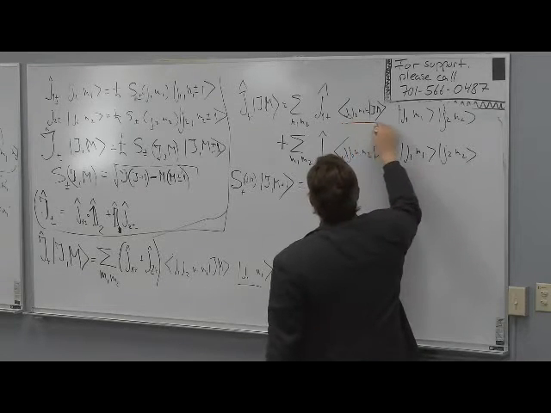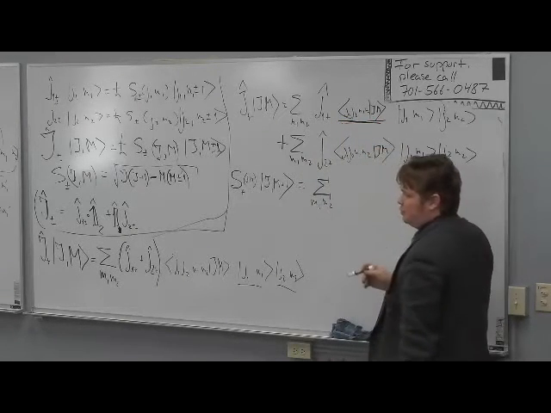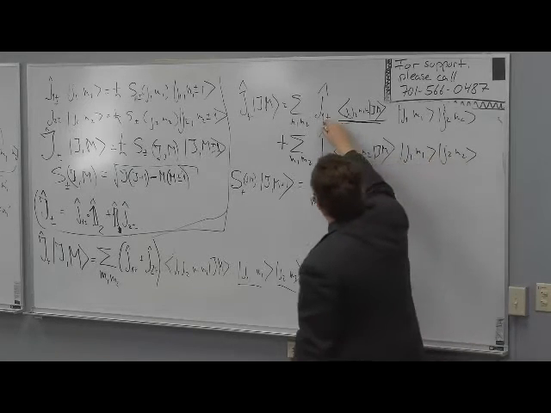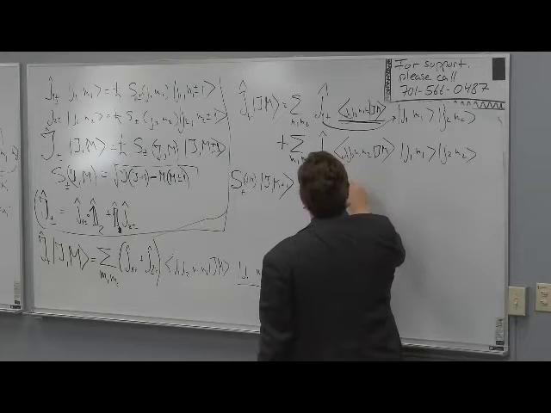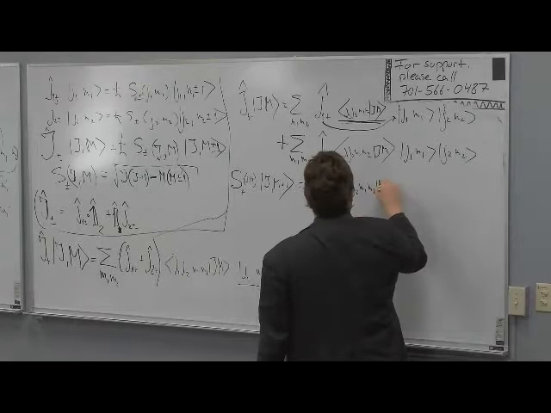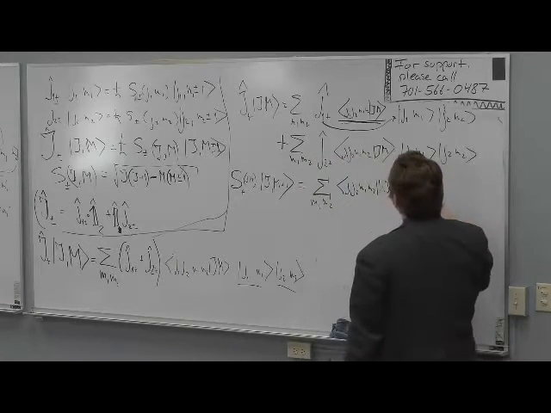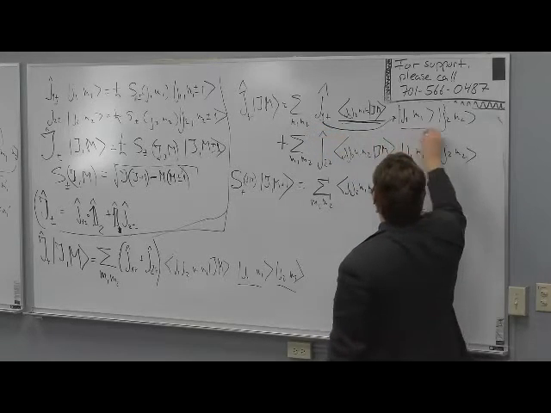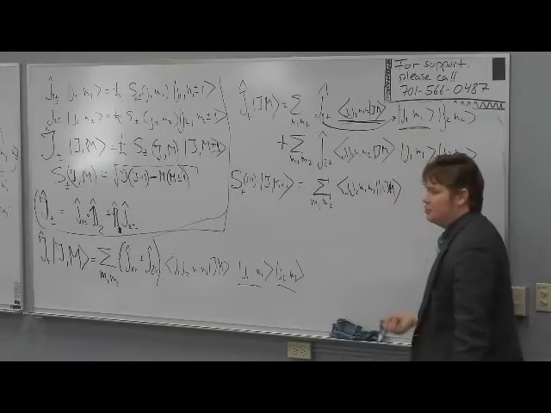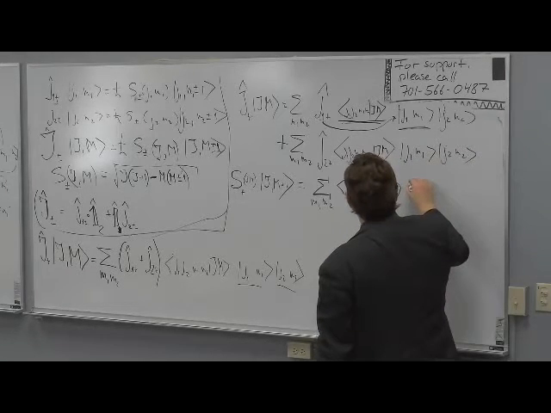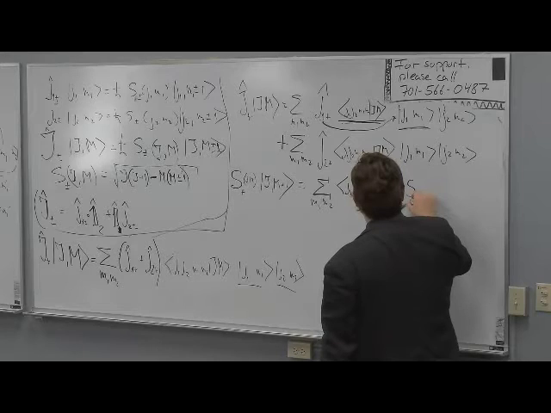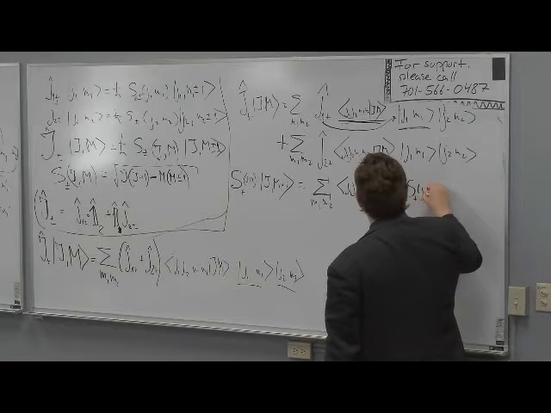We do not touch the Clebsch-Gordan coefficient, so the operator actually acts on the ket. This operator affects only the wave function of the first system, right? So the only difference is that we get S plus of J1 and M1.